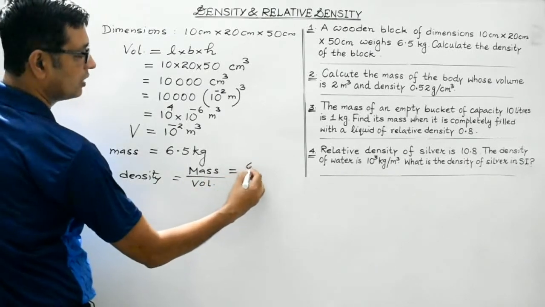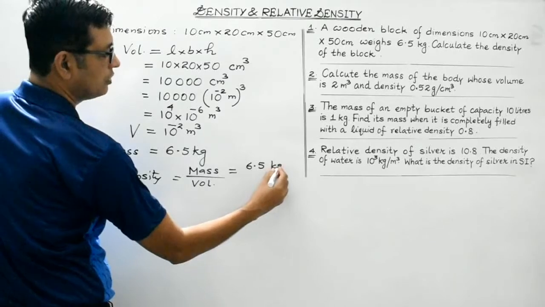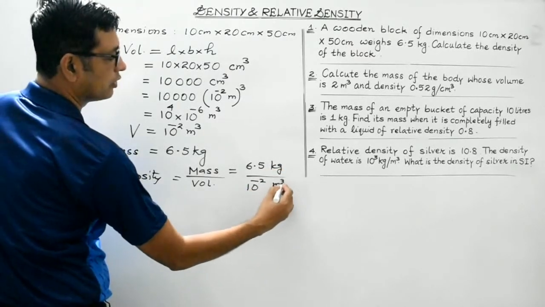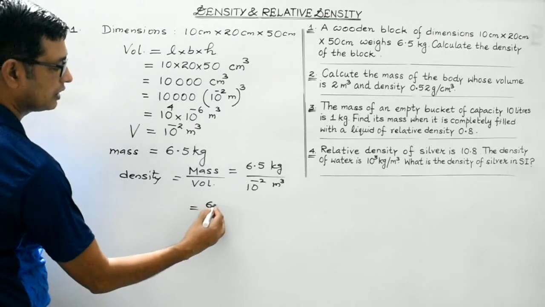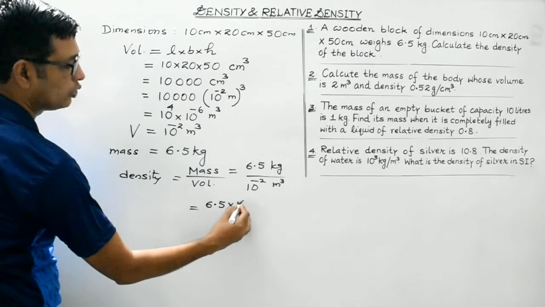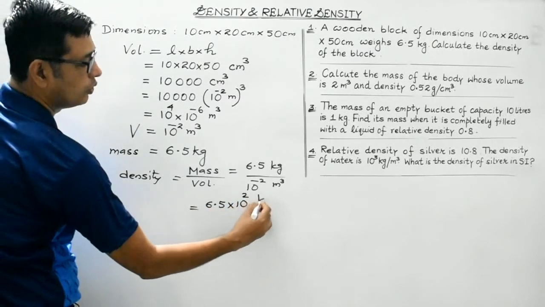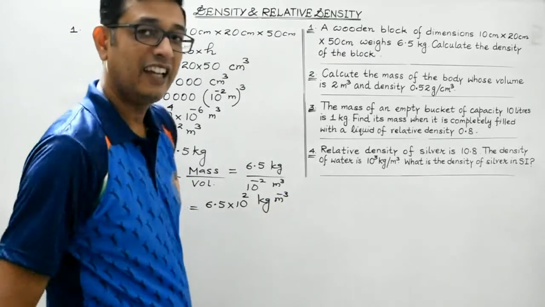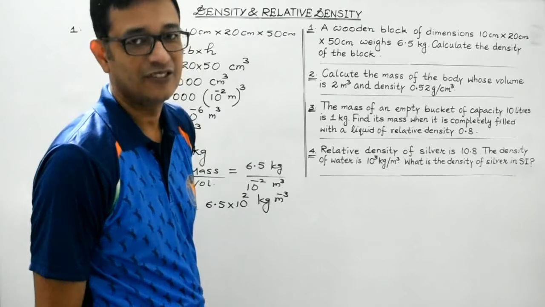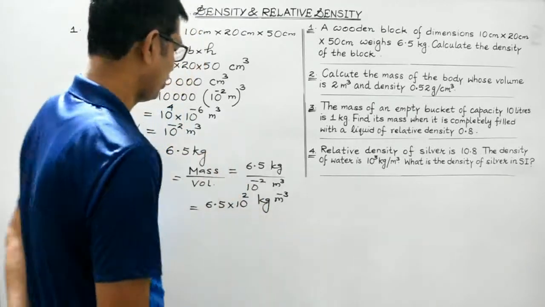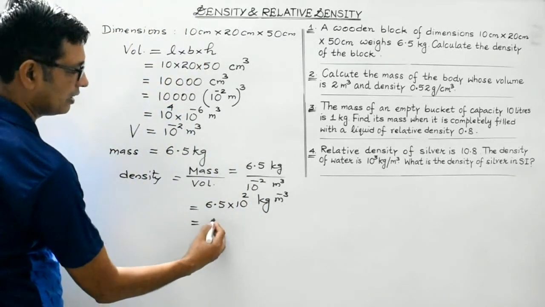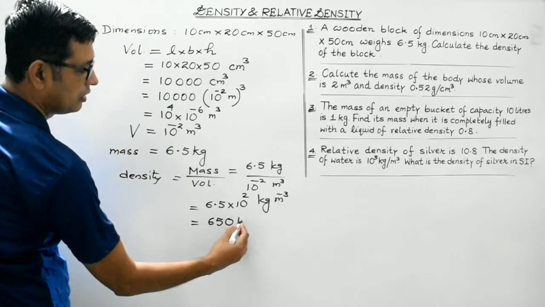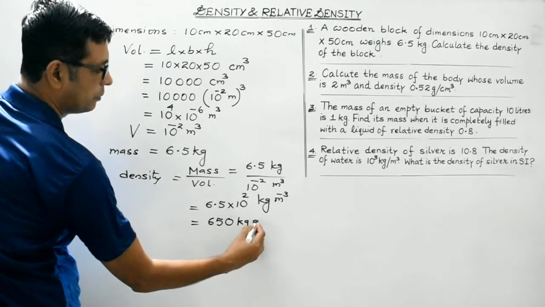Mass is 6.5 kg. Volume is 10 raised to minus 2 meter cube. So it will be 6.5 into 10 raised to power 2 kg per meter cube. This is the SI unit of density, which is kg per meter cube. It may also be written as 650 kg per meter cube.